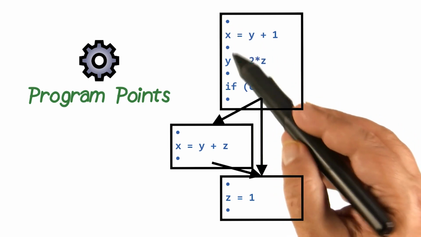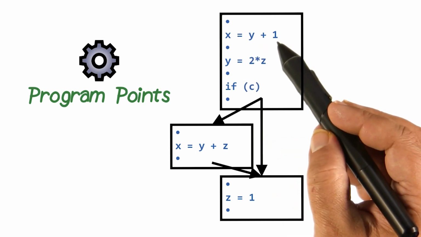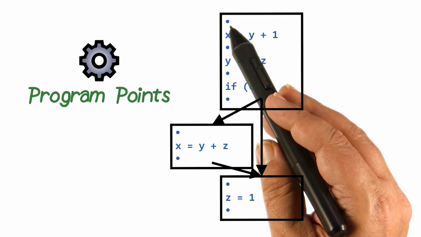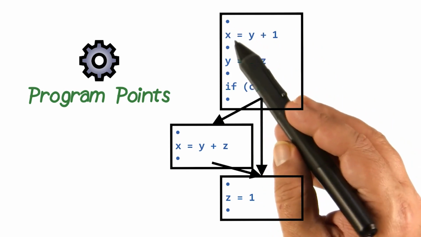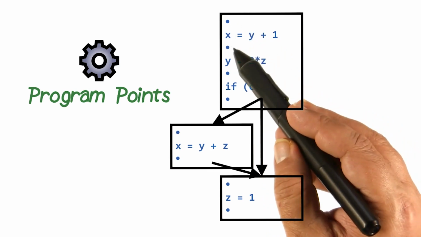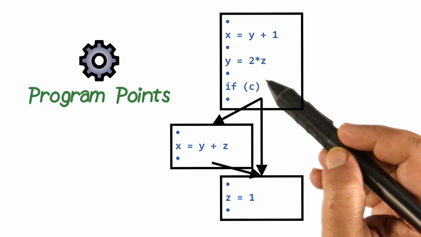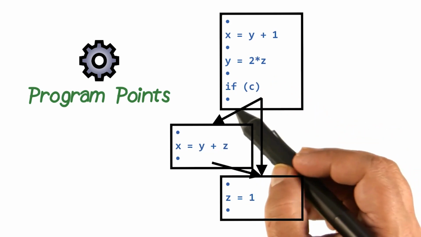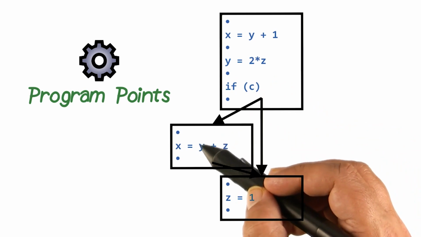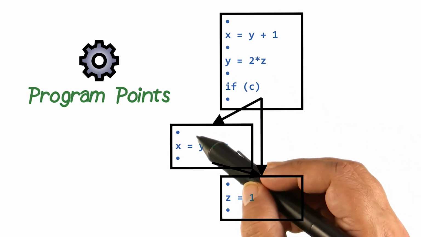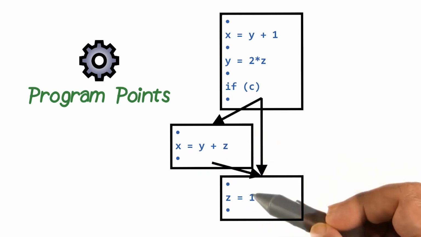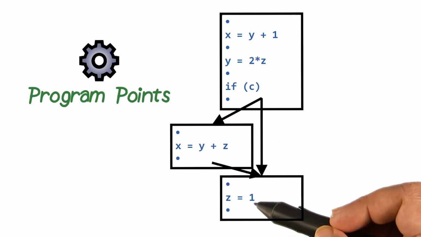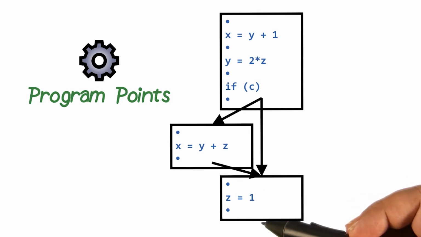This is an IR operation in the first basic block, and before and after this instruction, we have two different program points. There's a program point at the beginning, then one after the second IR statement, after the if statement, and we could have a program point right before execution of this instruction, which is part of this basic block, and another program point right before this IR instruction.